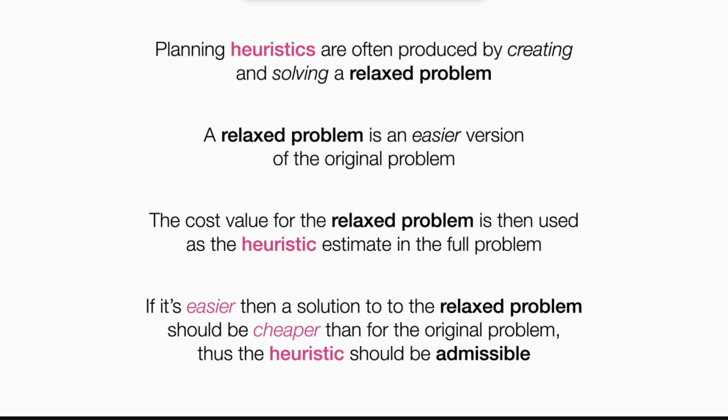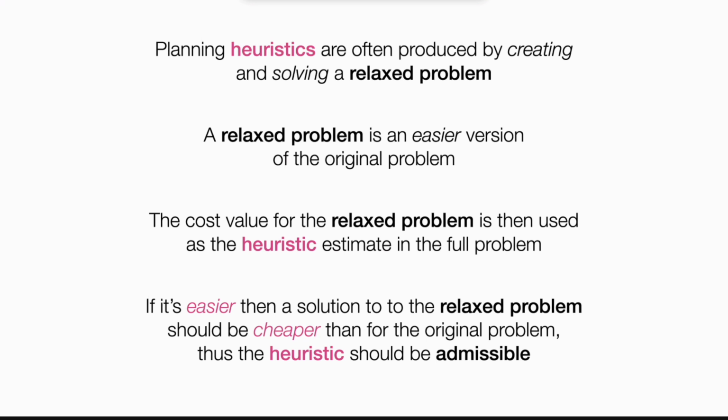This might seem a little counterintuitive. We're solving one planning problem, our original planning problem. Then for every state that we see, we solve another planning problem, but that's a relaxed version of the planning problem. And the solution to that relaxed version is our heuristic value.